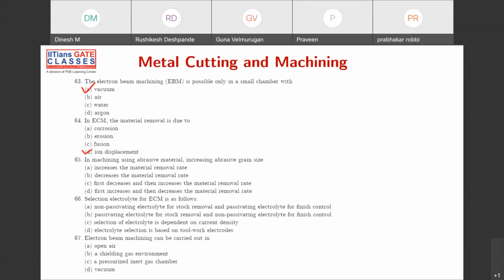In abrasive machining, if you're increasing the grain size, I already told you clearly this kind of question will be asked. Tell me this answer. Clearly explained very beautifully. Come on, tell me this answer.